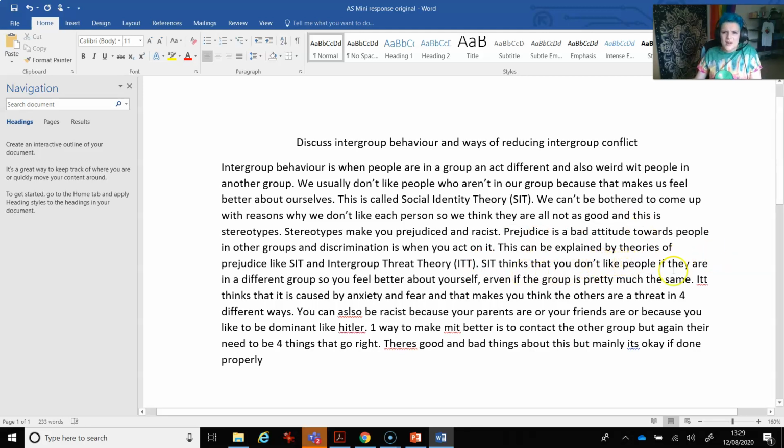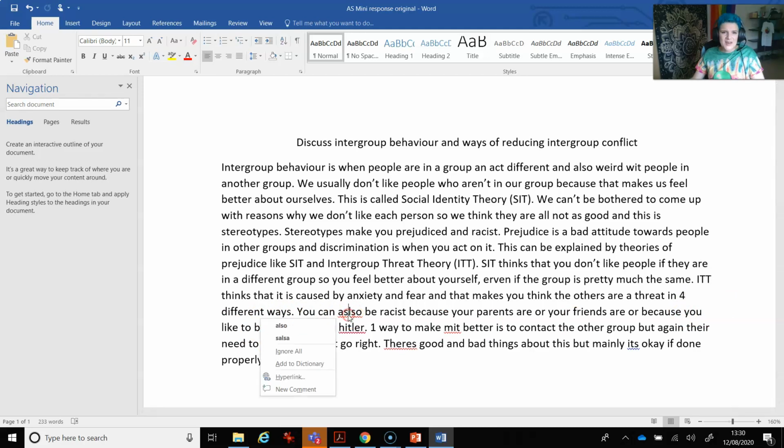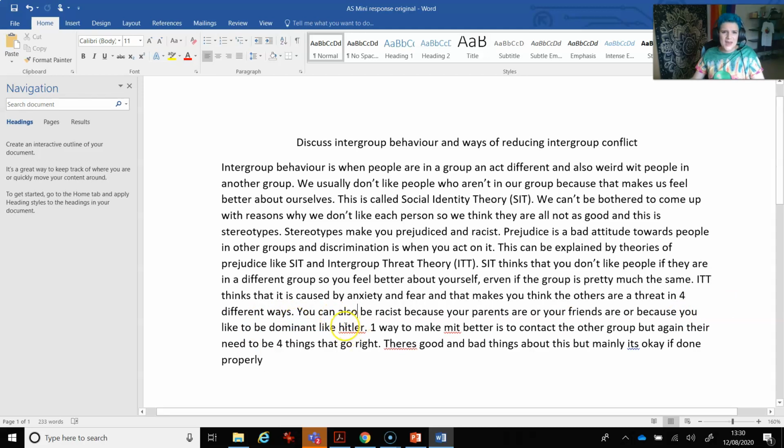We'll carry on correcting all the way through. See here we have the number 4, but we'll change that in future seminars. Again, we have a spelling mistake. We need Hitler to have a capital H. That's a typo.